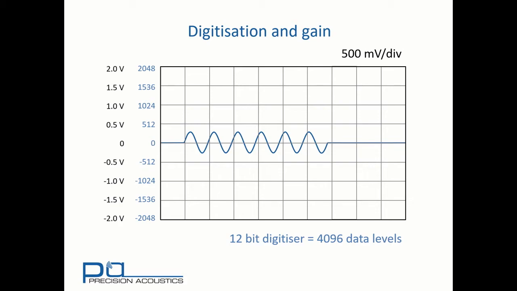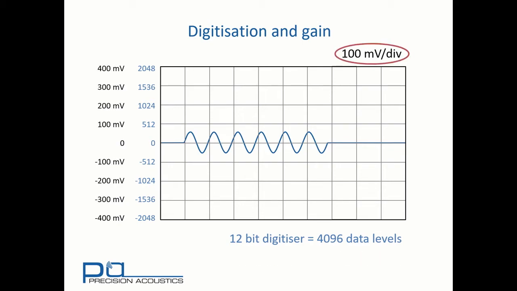So the maximum positive excursion is 2048. However, because our signal is so small, we can see that it's taking approximately 512 data levels peak to peak, so only about 256 data levels on either side of 0. This means we're only using the bottom 9 bits of the digitizer to digitize this signal.